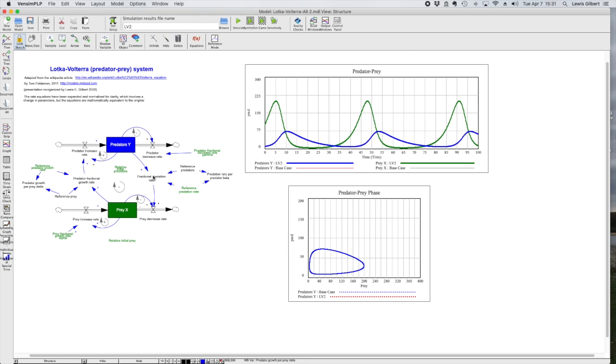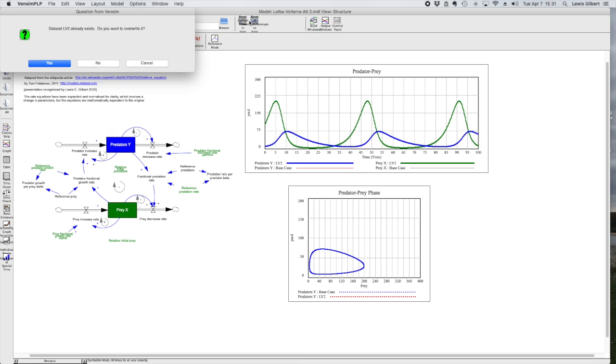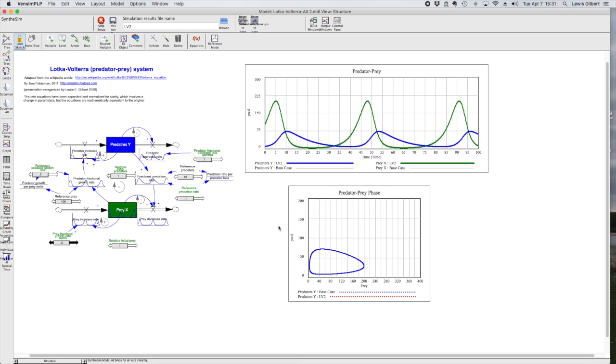One, let's do an example where this set of parameters has been stable for a long time. But let's say some climatic or external environmental disturbance happens, and the starting place, so this is at time 0, there are 10 predators and 100 rabbits.